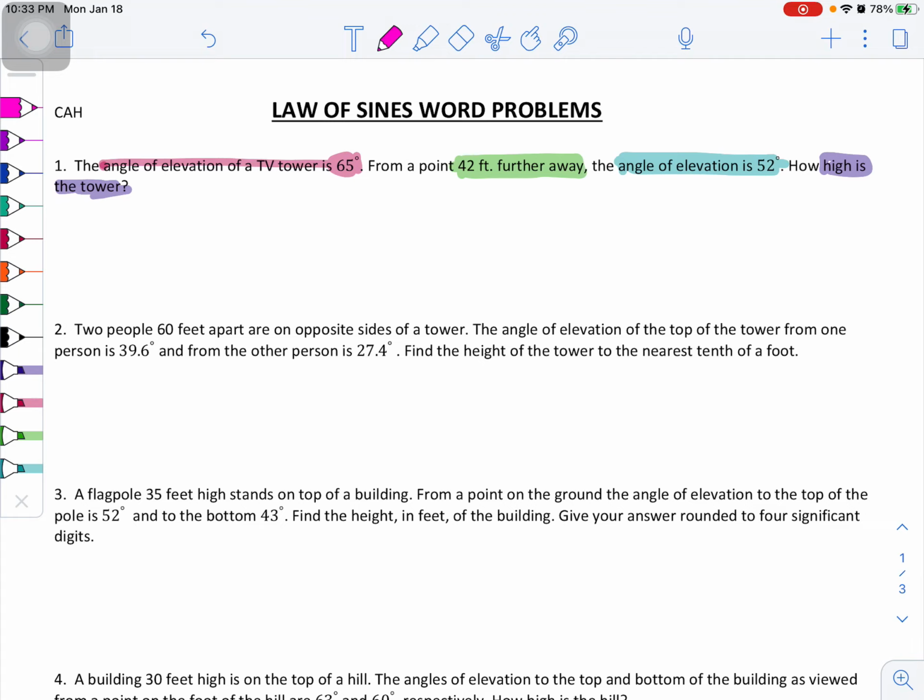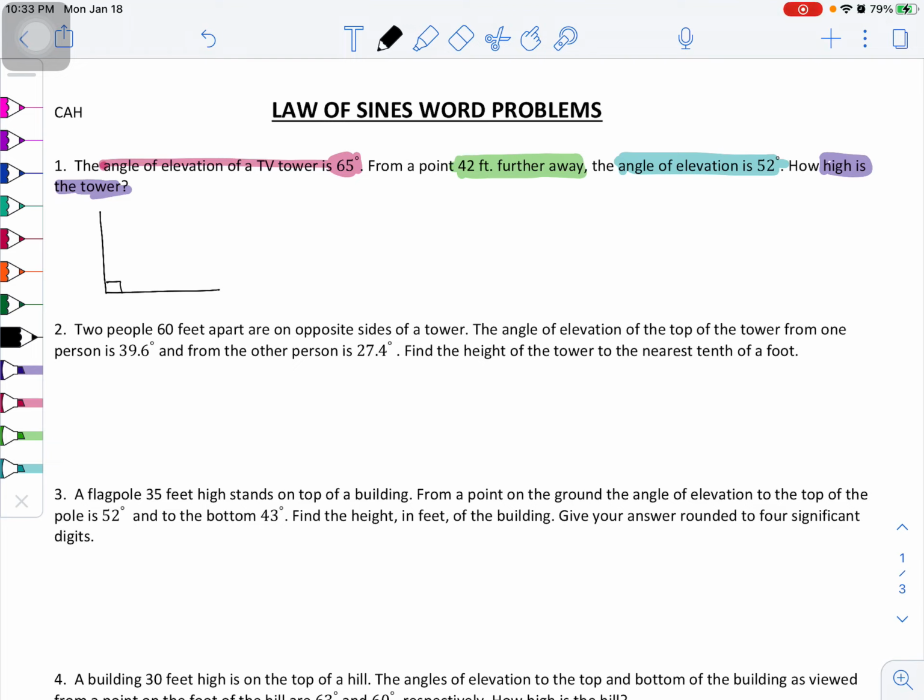Okay, it is not going to be important how good your artistic skills are. That's never going to be a concern of mine, but you absolutely need to make sure you get this information in the right place. So this is where I'm going to draw my little TV tower. The angle of elevation is 65 degrees.